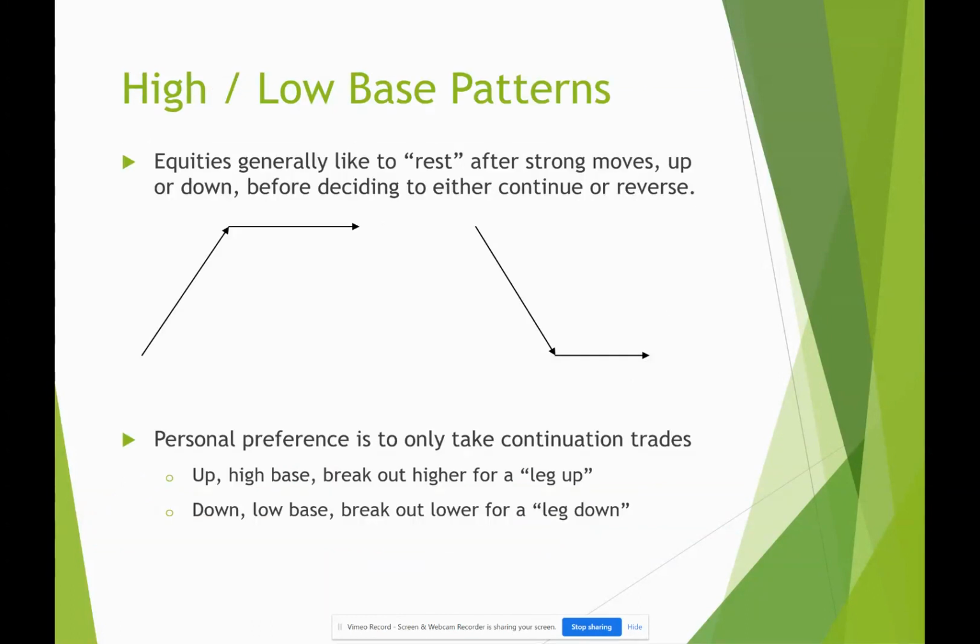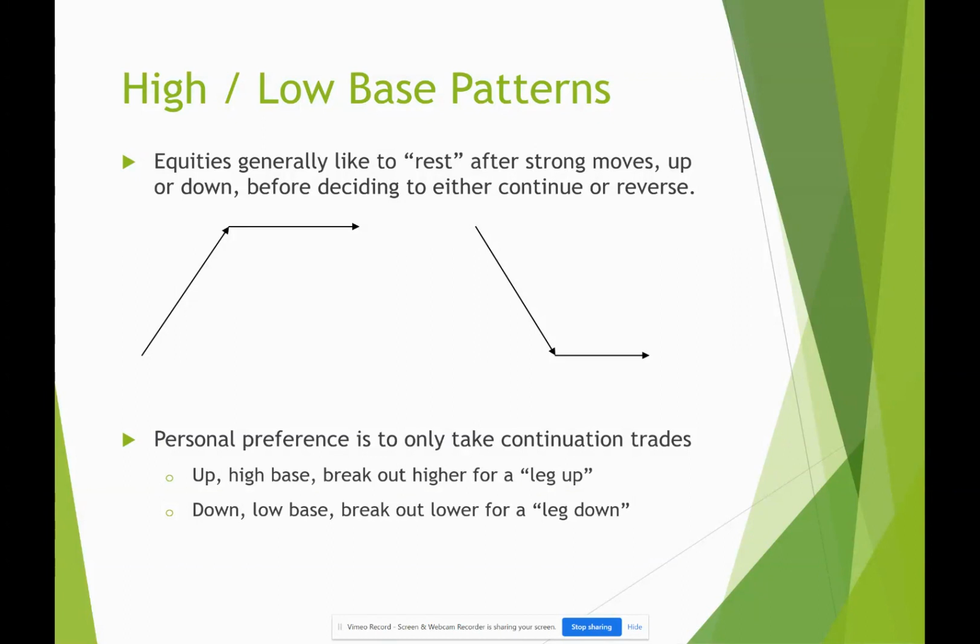What I want to cover is a pattern that goes over and over again in all asset classes. As many of you know, I do trade multiple asset classes, including some currencies. But my favorite is options. I love options, and it's really the core of what I like to do. Equities or asset classes like to rest after a strong move.